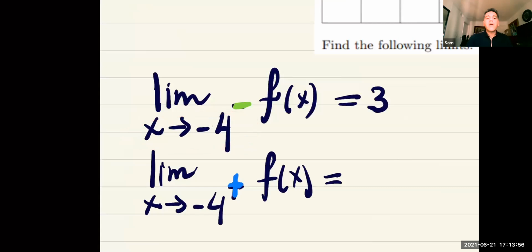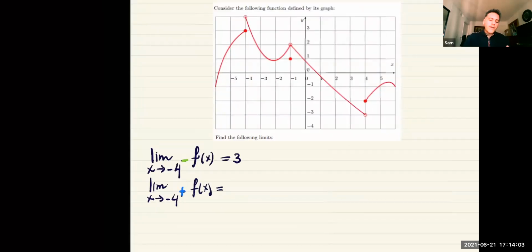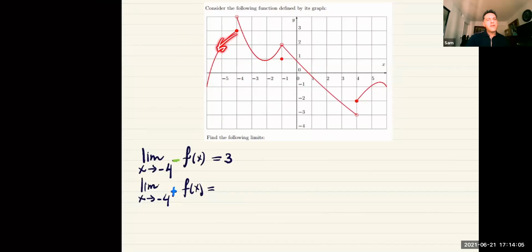This says x is approaching -4. So if you are going away from -4, then that is a contradiction, right? This is -4. We want to get close to it from the left. If I go that way, I'm going away from -4, but I want to get close to -4 on the left.